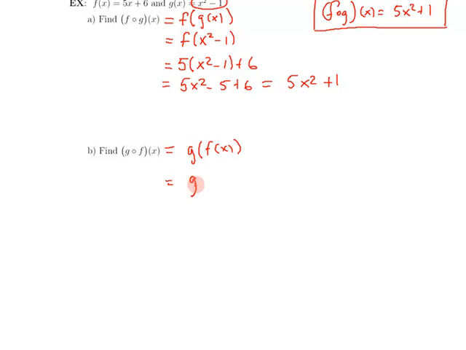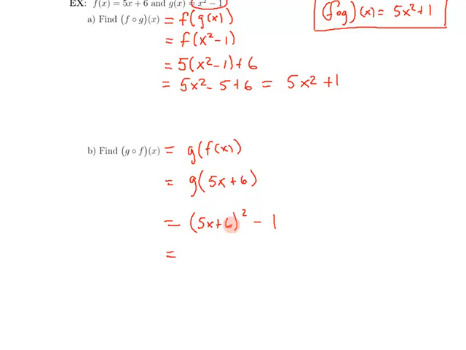So we're going to take f of x, which is 5x plus 6, and we're going to stick that into g of x. So everywhere there's an x in g, we're going to replace it with 5x plus 6. Here's what g looks like. Whenever you start plugging things in, that's where the x was. So here's what I'm going to plug in: 5x plus 6.